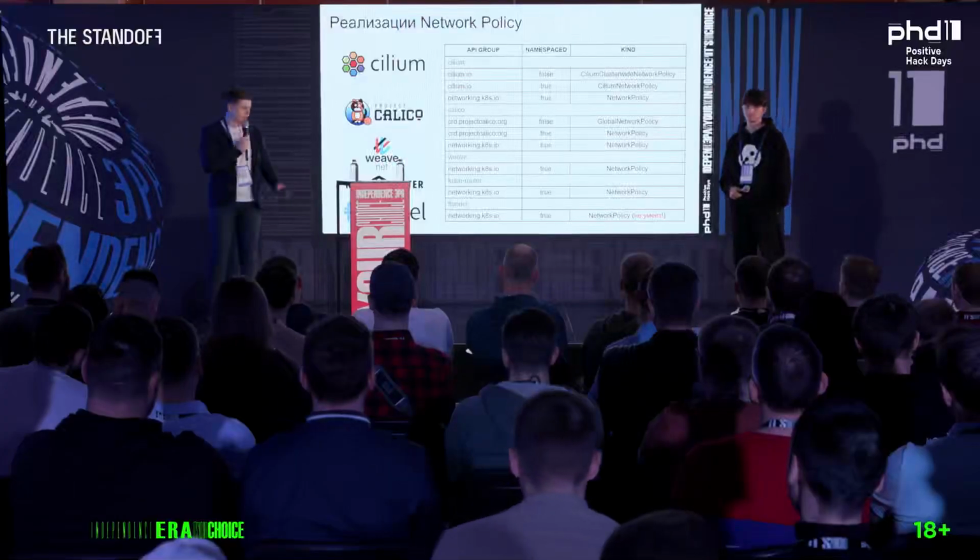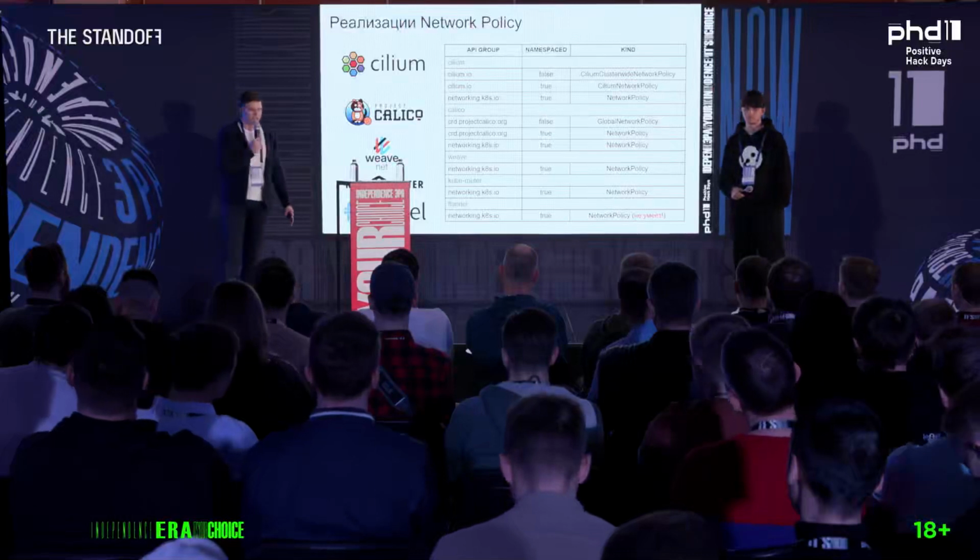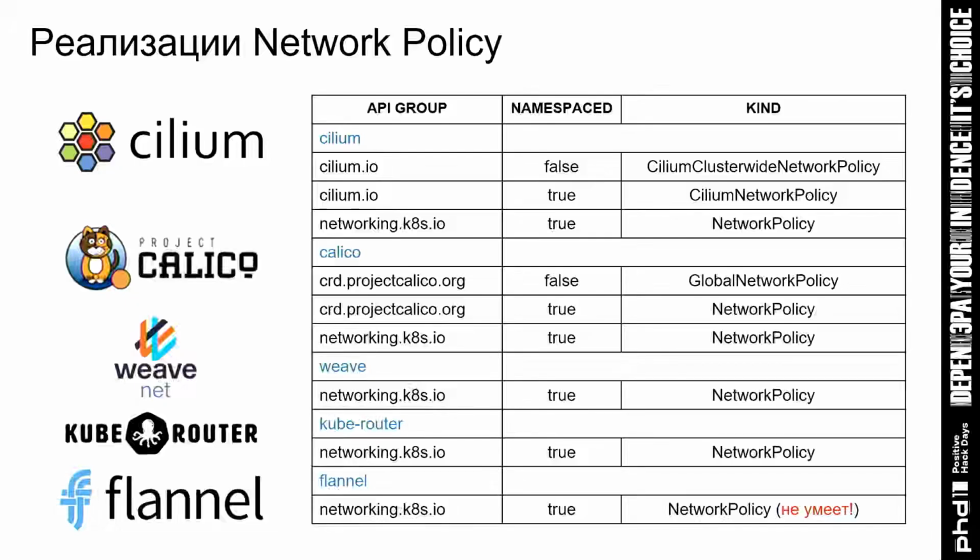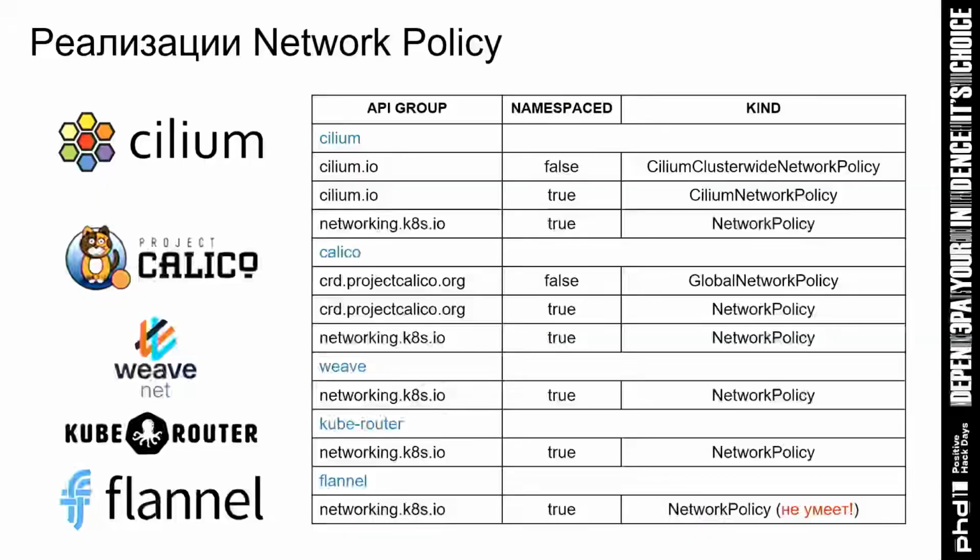This is the task for CNI. There is a CNI that is not capable of working with network policies. You just create this resource and it doesn't do anything about it. And this network policy just doesn't know how to limit anything, while the rest of the CNIs can do it.